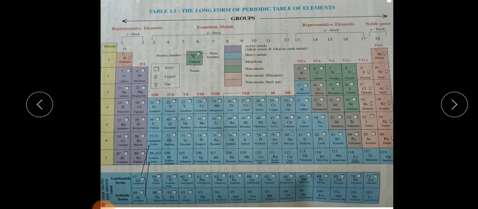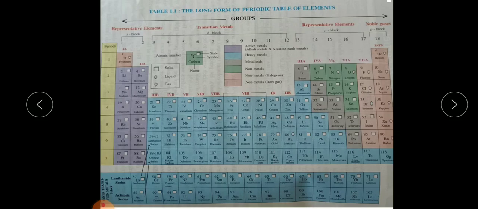I have received a few assignments from your side which have this diagram completed, but most of it I find incomplete because some of you have not written group numbers, some of you have not written periods, and you have not classified into the blocks, s block, p block, d block elements like that. So please do whatever I said.